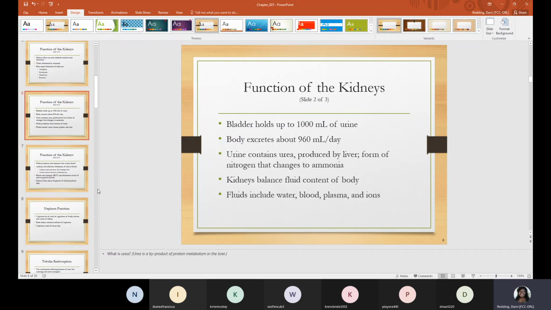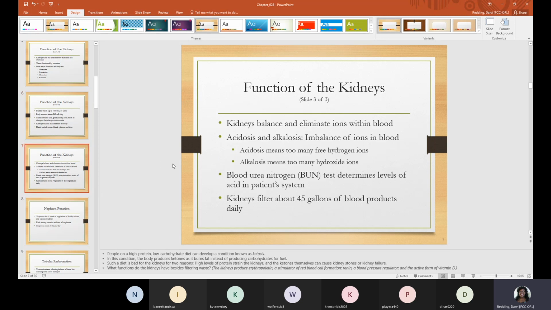So again, we're learning about the functions of the kidneys. As we continue to learn more, we'll understand that the kidneys balance and eliminate the ions within the blood. Acidosis and alkalosis is an imbalance of ions in the blood. So acidosis means there are too many free hydrogen ions, and alkalosis means there are too many hydroxide ions.